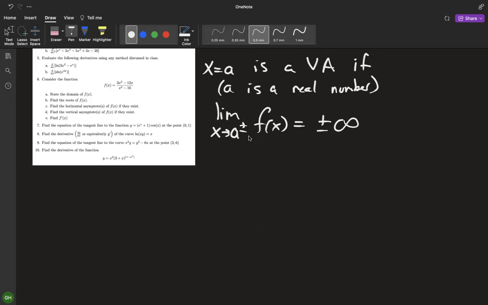We don't need to show it for both sides. We just need to show it for one side. If either side, meaning if we check the right side and we get infinity, that means we don't have to check the left side.